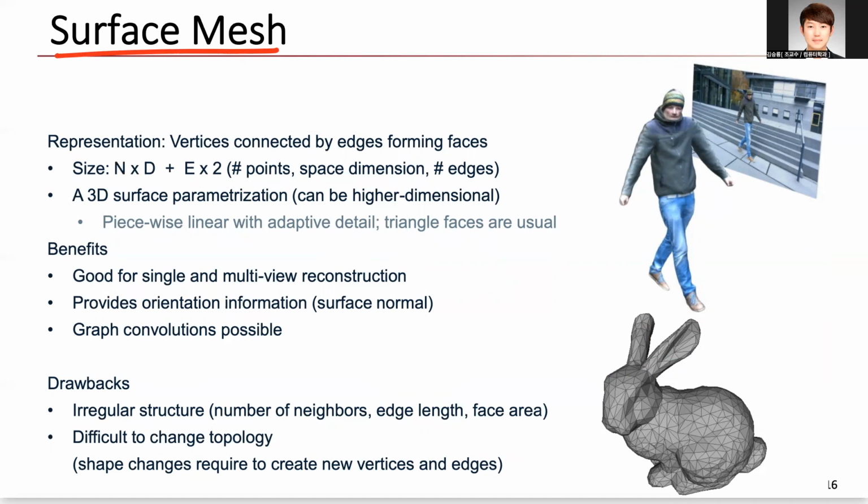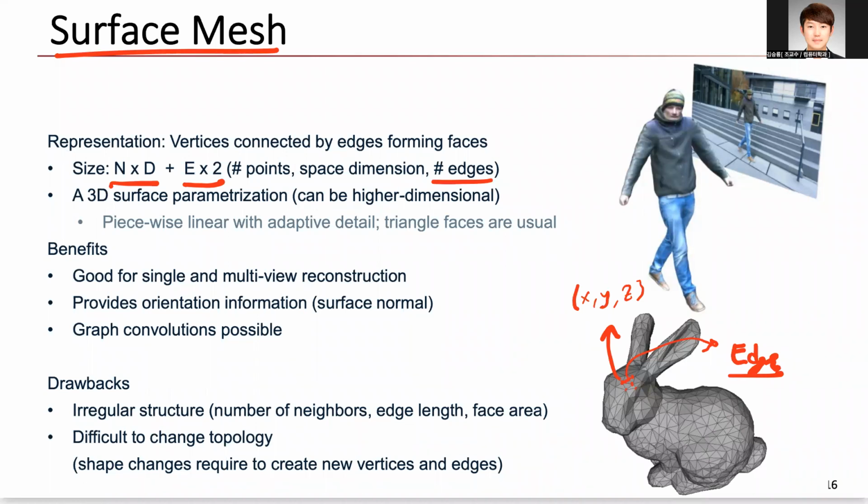As you can see here, each node represents a 3D position x, y, z, and then we require edges between points, which provides structured 3D information to us, right? Compared to the 3D point cloud. So the size of the mesh is going to be N by D, similar to the point cloud, plus E by G. E means the number of edges.